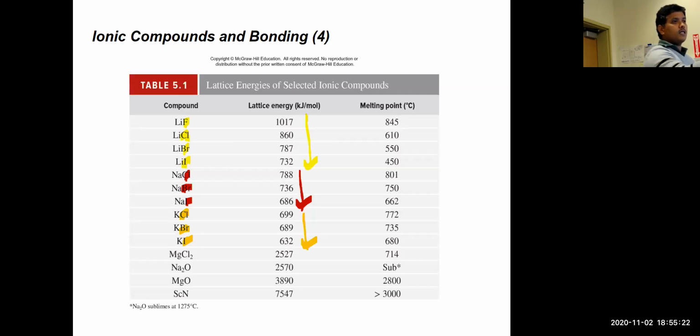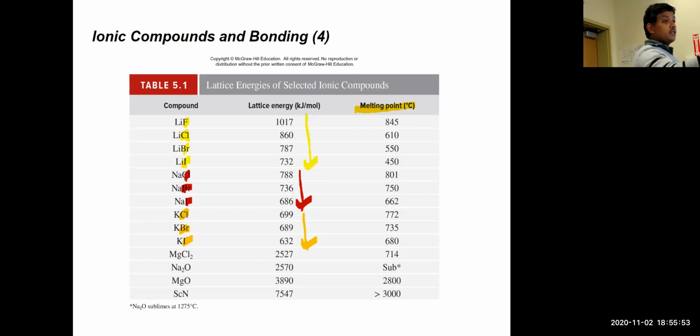And the melting point is included here to show that the melting point is directly related to the lattice energy. A melting point is when a substance is converted from a solid state to a liquid state. It changes its physical state when you provide enough energy to disturb its lattice structure, and it will go from its solid to liquid form. It takes lots of temperature to break its solid state into a liquid state.